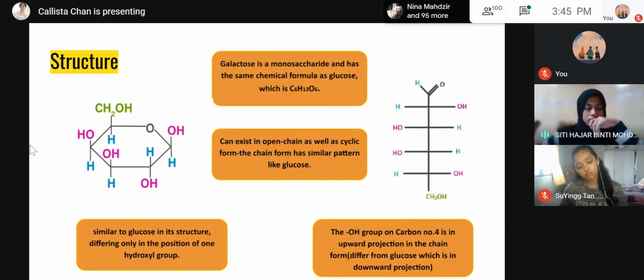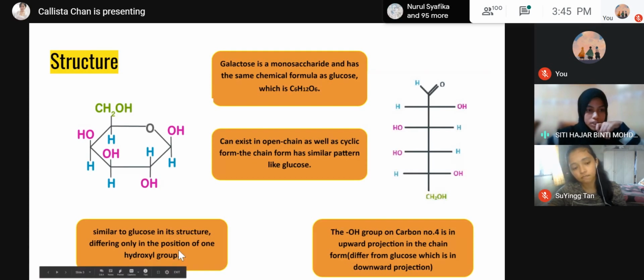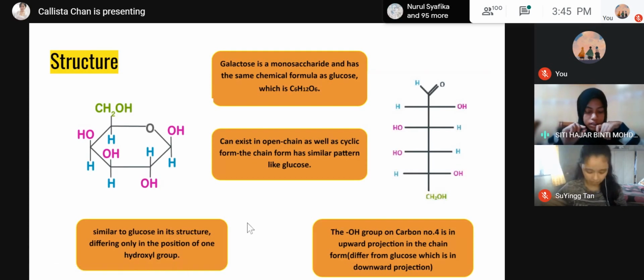For the structure of galactose, galactose is a monosaccharide and has the same chemical formula as glucose, which is C6H12O6. It can exist in open chain as well as cyclic form. The chain form has a similar pattern to glucose. Glucose and galactose are stereoisomers, which means the atoms are bonded together in the same order but arranged differently in space.